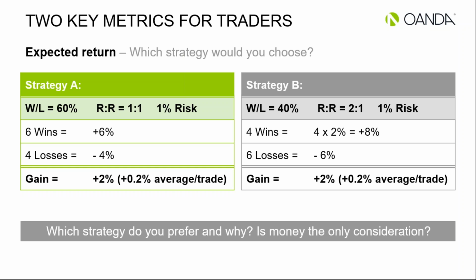If we've got 60% win-loss, in 10 trades we'll have 6 wins and we'll have 4 losses. Since risk-reward is 1-to-1, every time we win we're going to gain 1%, and over 6 winning trades we'll be 6% up.